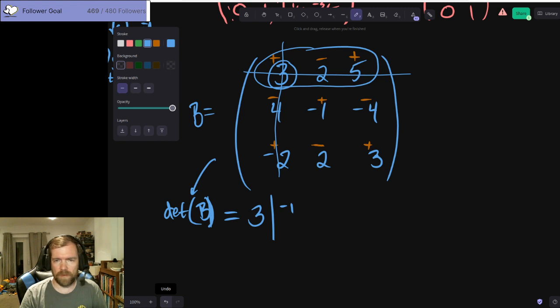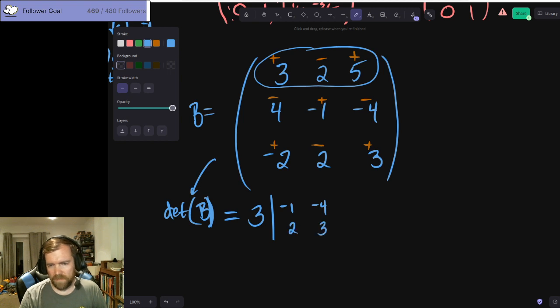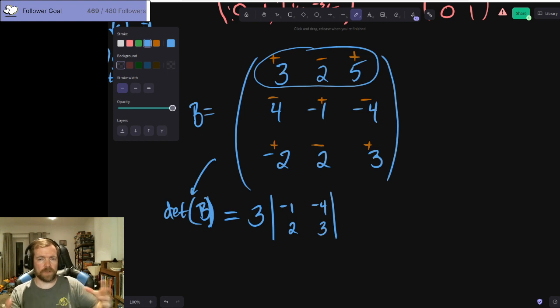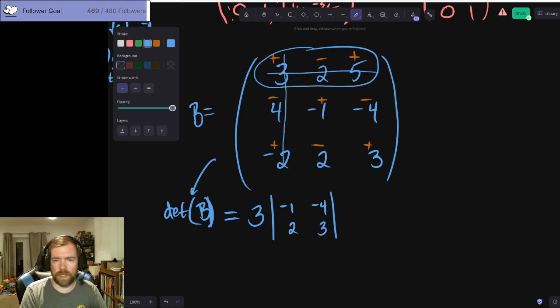Anybody who teaches linear programming, I apologize. Only slightly. So the determinant of the 3x3 matrix is going to be 3 times the determinant of the little 2x2 matrix that's left over when you draw in a cross through the row and column of the 3, what the 3 belongs to.